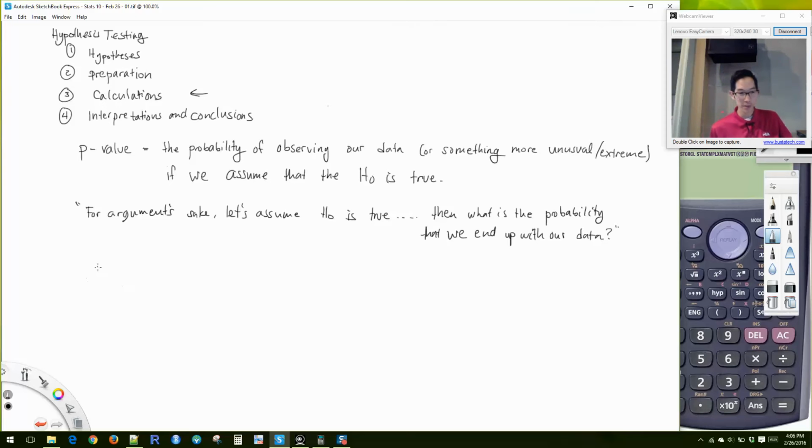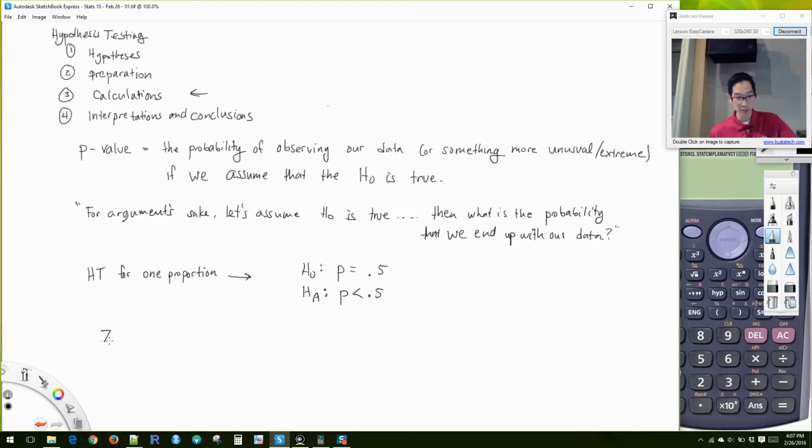Okay, and so when we do a hypothesis test for one proportion, we have a null hypothesis stating something like p is equal to 0.5, and our alternative will be something like p is less than 0.5, okay? Of course, this value of 0.5 will depend on the problem, so not necessarily 0.5 in every single problem.